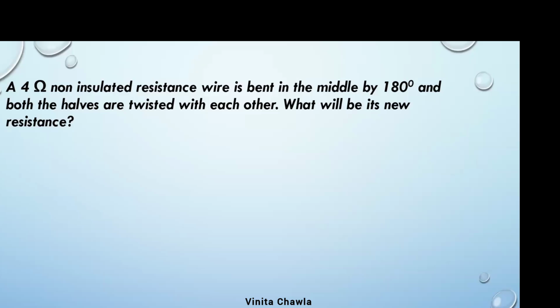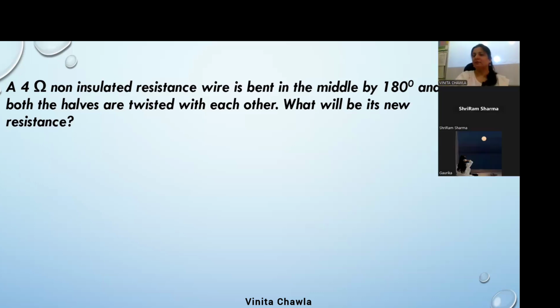A 4 ohm non-insulated resistance wire is bent in the middle by 180 degrees and both the halves are twisted with each other. What will be its new resistance? So we have a wire, and it is twisted.